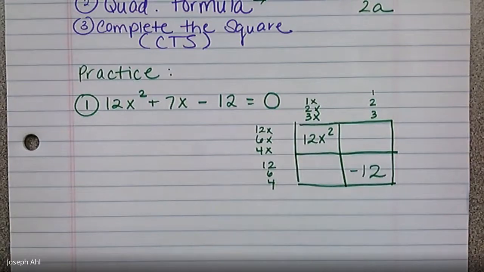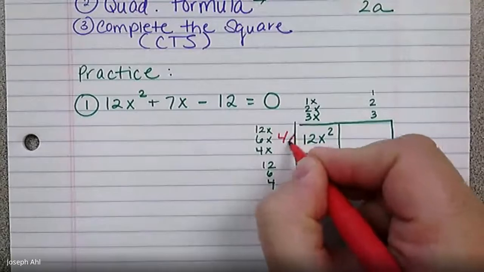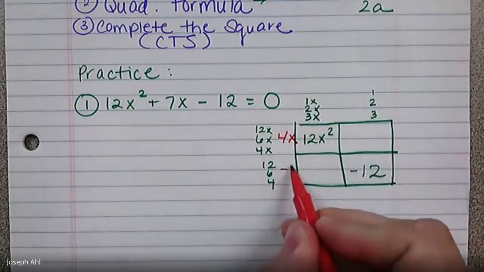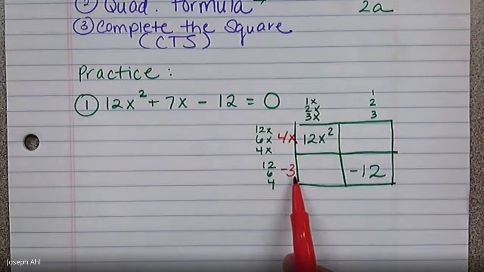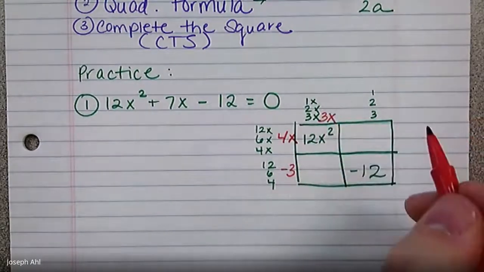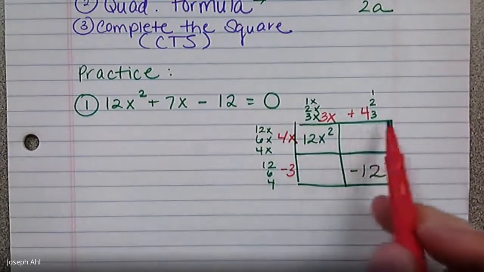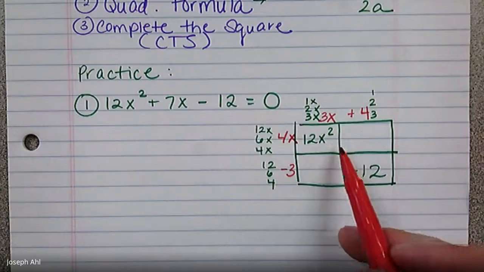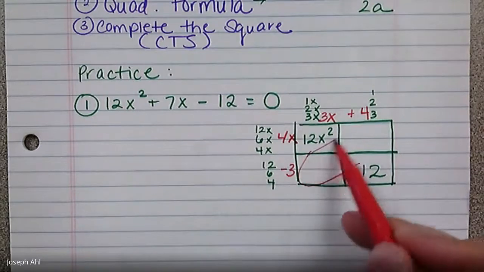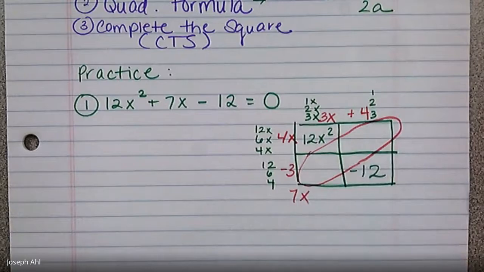So what I'll tell you is that if you're somebody who notices these patterns quickly, if you put 4x here and actually put a negative 3 down here, and then if you put 3x up here and we put a positive 4 with it, that's going to be the pair that we need. Remember, what we're trying to build towards here is that these have to add up to 7x in total.